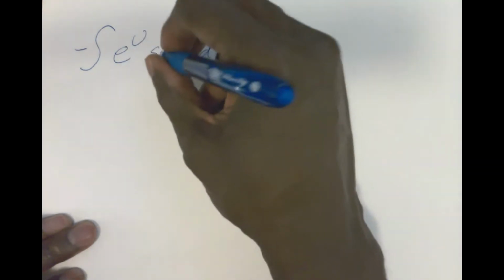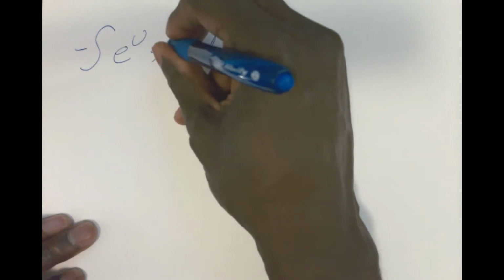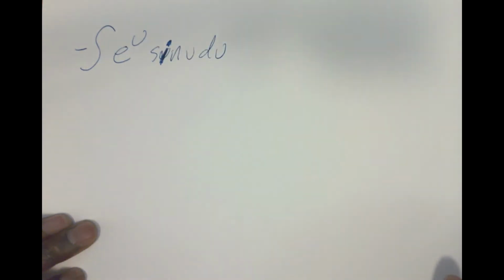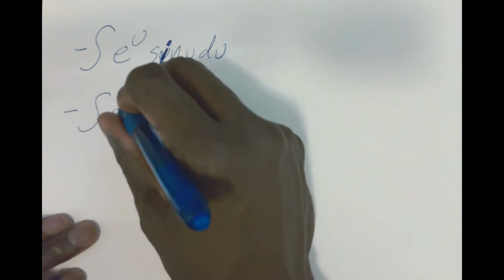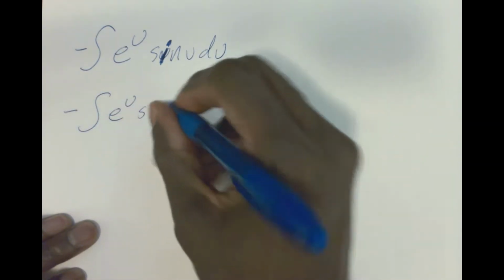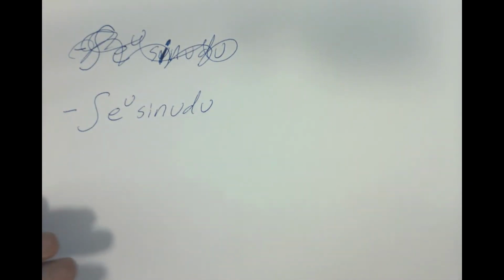All right, I hate when I do that. Let me just write this again. So the integral of negative e to the u sine u du. All right. So that was a great substitution. Now we've got to figure out a way to solve this guy.